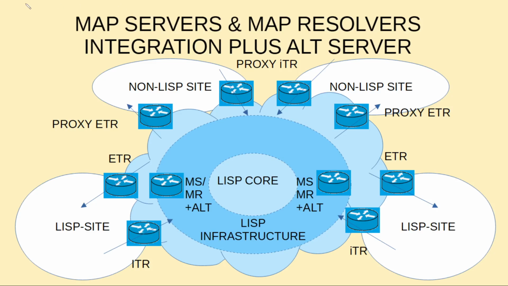Now, finally, we can perform some optimization for these devices that live within the LISP infrastructure. For instance, we can join several roles within a single device. We can use the same device to be a map server and a map resolver. So we have a map server, map resolver, and we can also configure this device to become the ALT server.